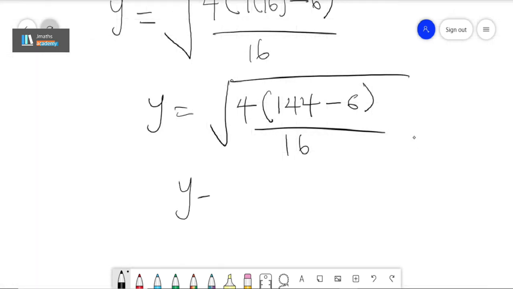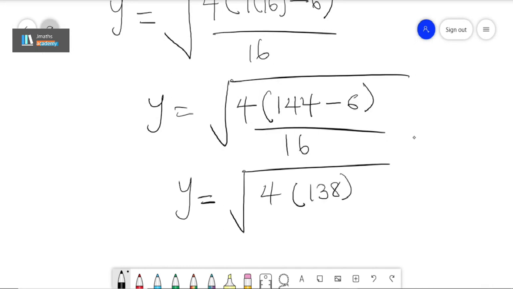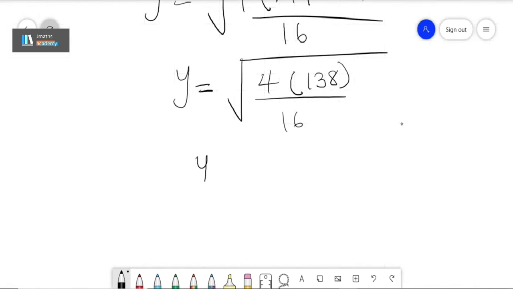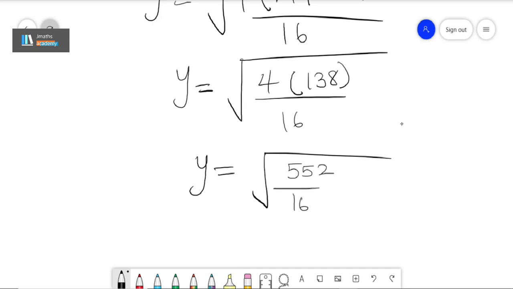So we have y is equal to the square root of 4, open bracket, 144 minus 6 is 138, over 16. So we have y is equal to the square root of 4 times 138, which is 552, over 16.